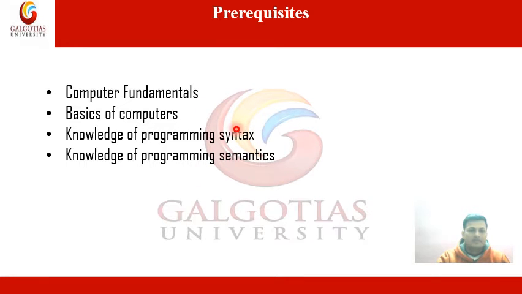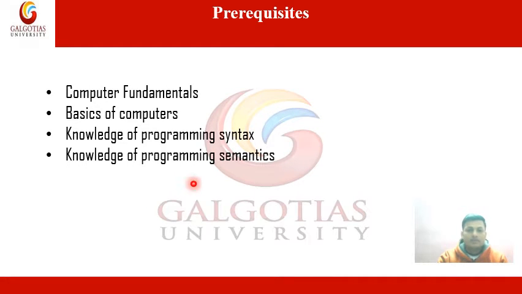First, computer fundamentals: he or she must have some knowledge about the basics of the computer, also called fundamentals of the computer. Second, knowledge of programming syntaxes, meaning the syntax of a programming language. What is syntax? Syntax means the format of a programming language, or more formally, the rules of the programming language.